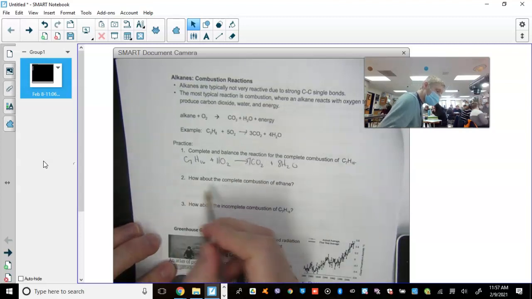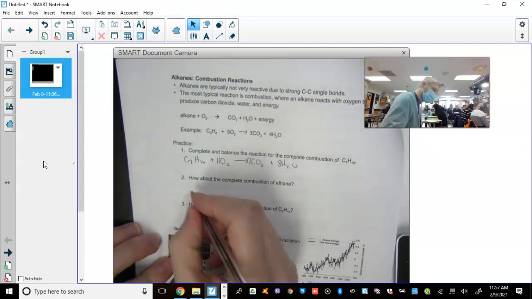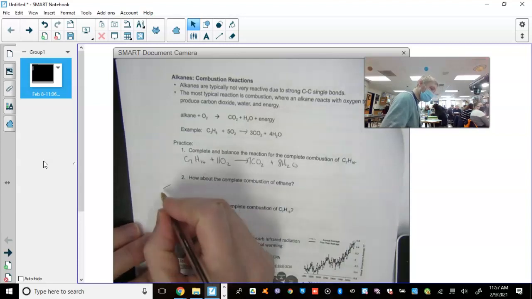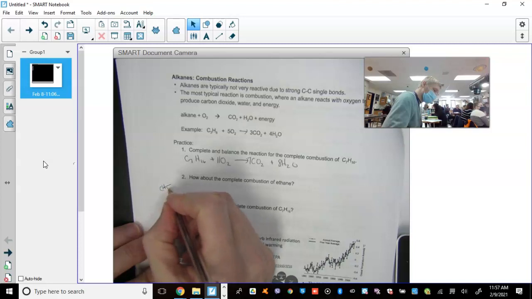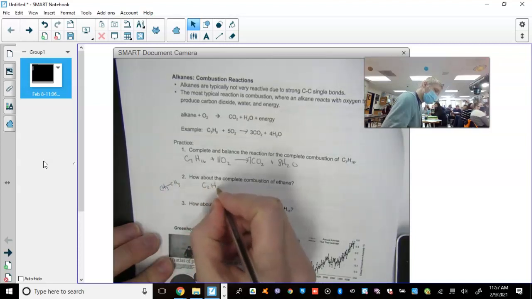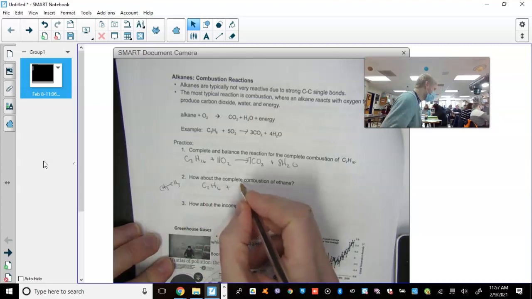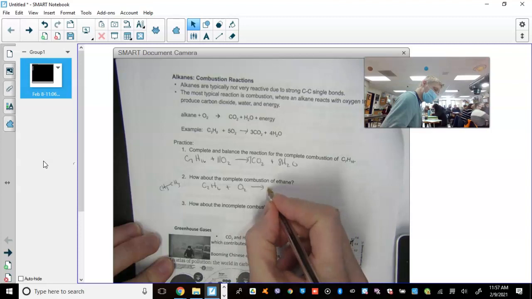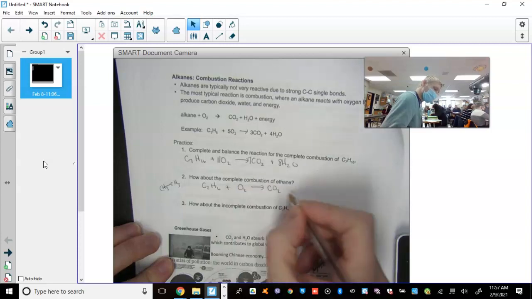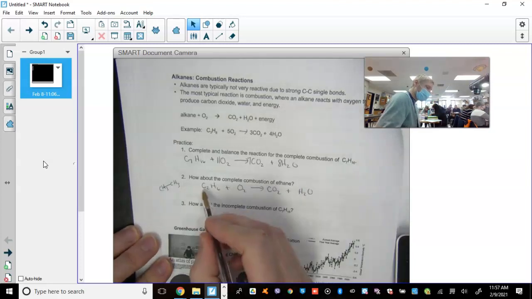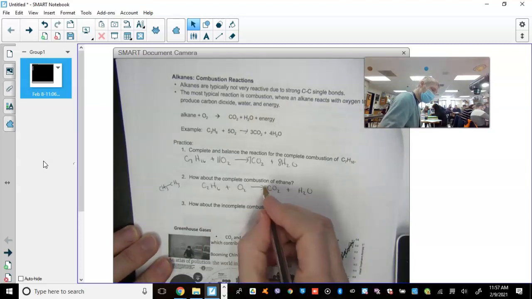How about the complete combustion of ethane? What is ethane? We got CH3, CH3. So that's C2H6 plus oxygen reacts to form CO2 because it's complete, and H2O. We got 2 carbons, so what goes here? 2.